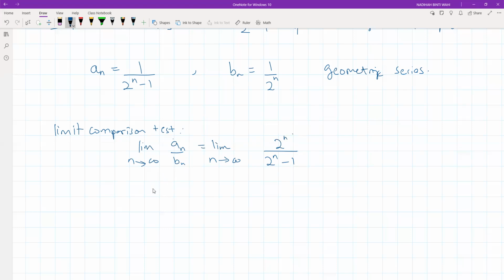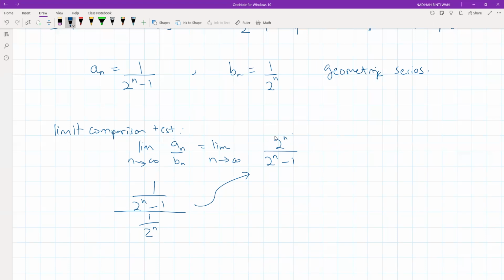Okay, what was it just now? 1 over 2 to the n minus 1, divided by 1 over 2 to the n. So you just flip the order, so that's why you get this one. Okay, so you can see that when n goes to infinity, this is infinity over infinity, an indeterminate form.